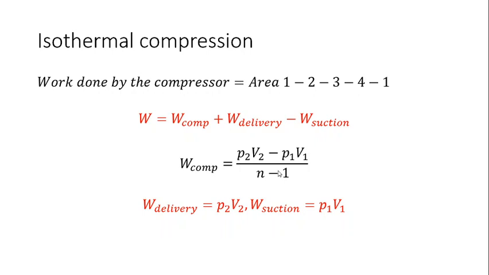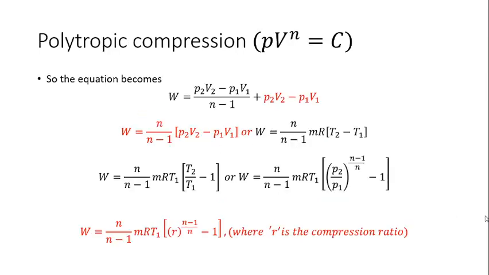So substitute this work done in our equation. This is the work done by the compressor equation. It is compression work plus delivery work minus suction work. So substitute this here. Then we will get this expression, work done W is equal to P2 V2 minus P1 V1 divided by N minus 1 plus P2 V2 minus P1 V1.